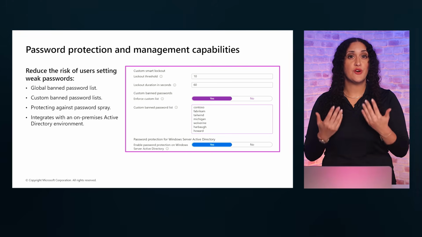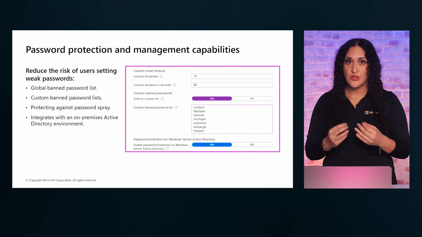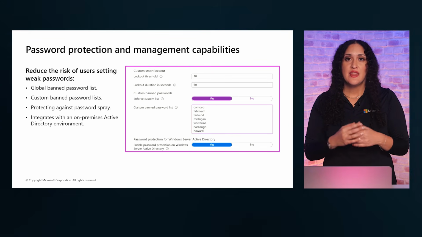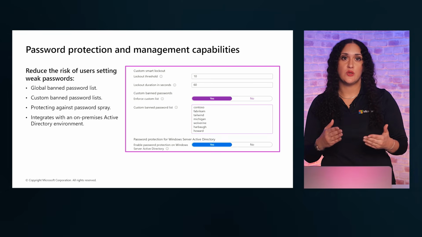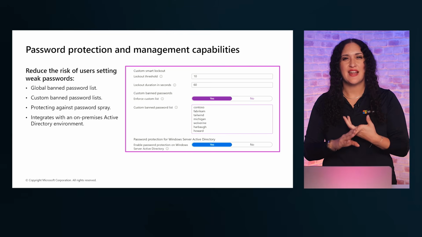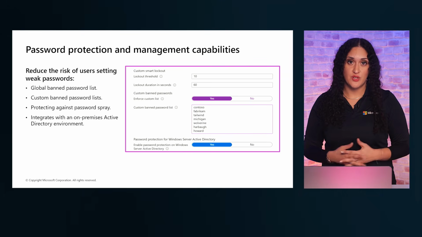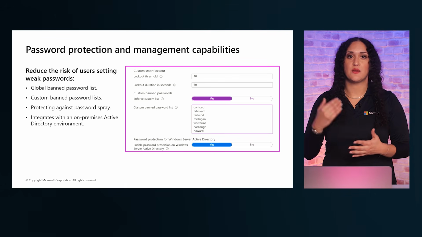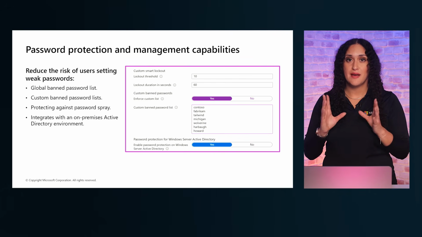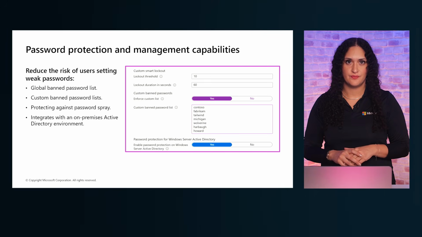You can go a step further by adding custom banned password lists tailored to your business. These lists can block passwords that include company names, locations, product names, or internal terms that attackers might easily guess. Microsoft Entra Password Protection also defends against password spray attacks by blocking commonly used weak passwords at scale.